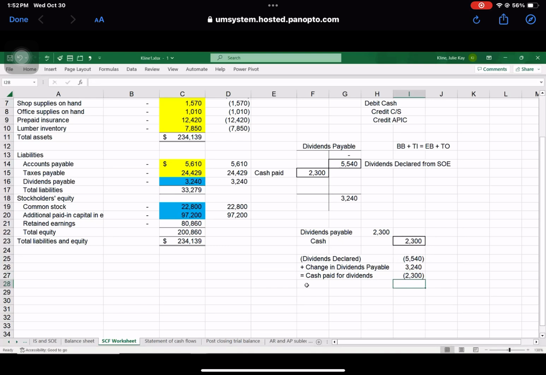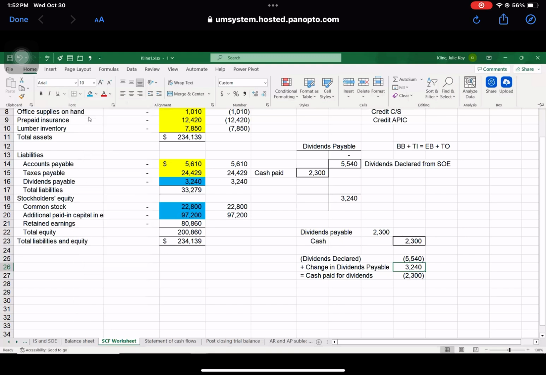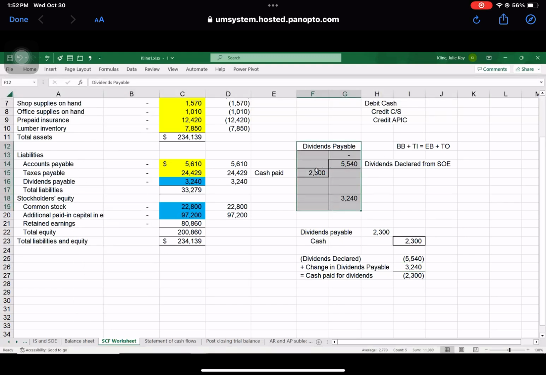And you will see that the cash paid for dividends is the negative 2,300. So either way works. You can look at the T account to find cash, or you could do it in more of a mathematical format where we said, okay, total dividends declared plus the change in the payable, and what's left is what we've paid.